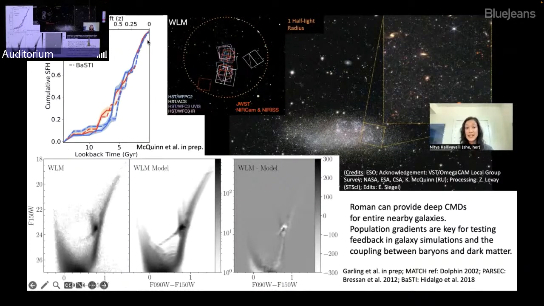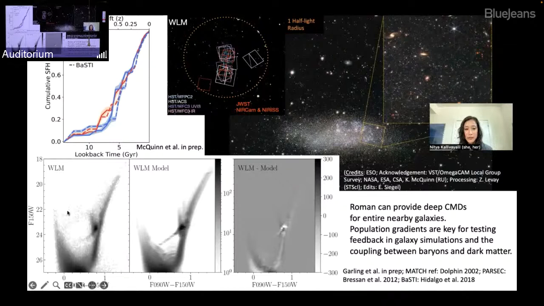And the takeaway is that this agreement is great using ACS with really well-vetted techniques, and NIRCam, where we now need to prove the validity of stellar evolution models in the infrared, but that all seems to be working really well. There's very good agreement between star formation histories recovered from the ACS field with the NIRCam field.